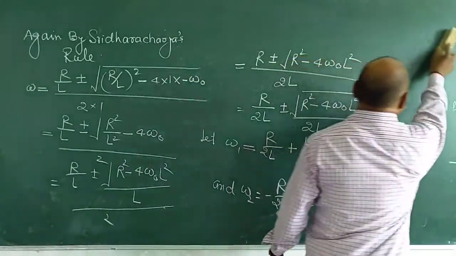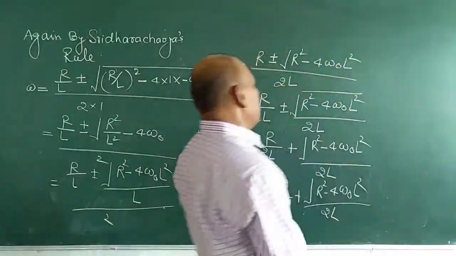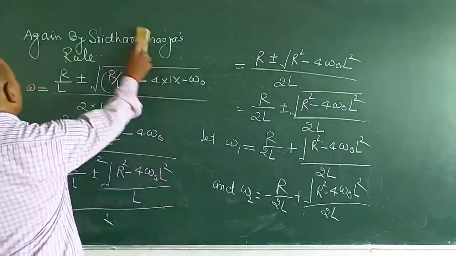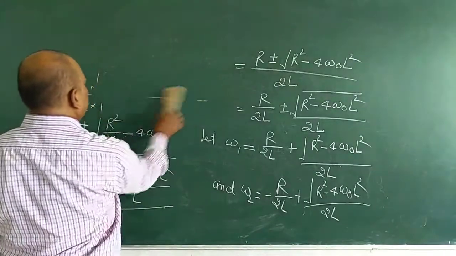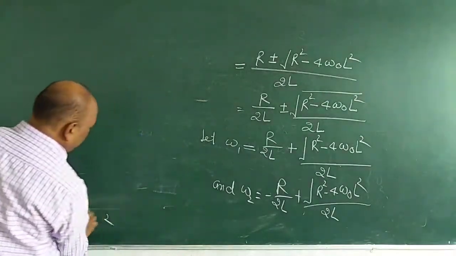So these are the values of omega 1 and omega 2 at half power points A and B. The frequency at point A is omega 1 and the frequency at point B is omega 2.